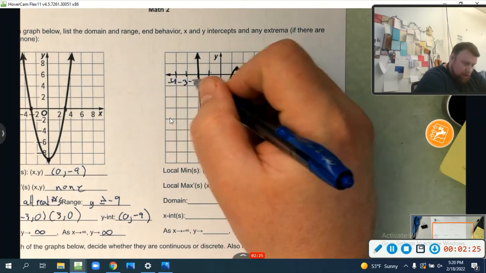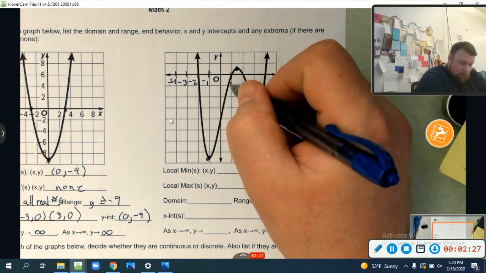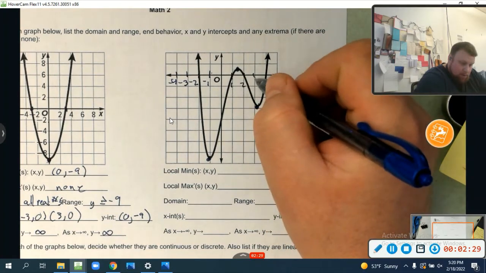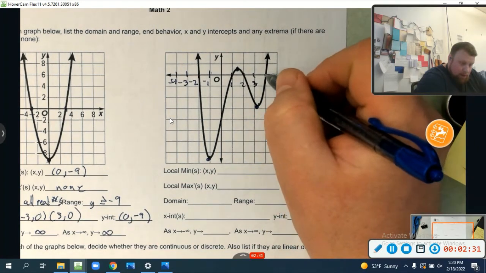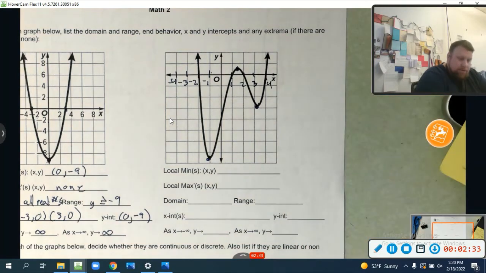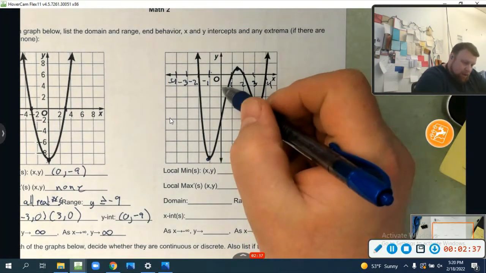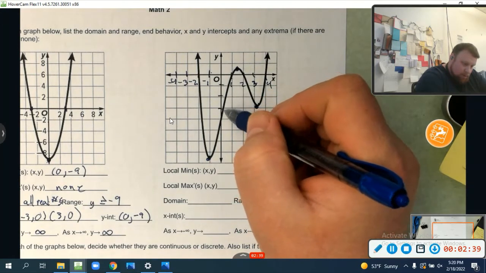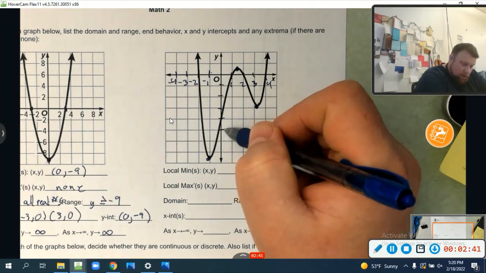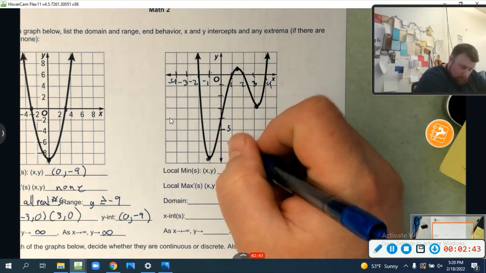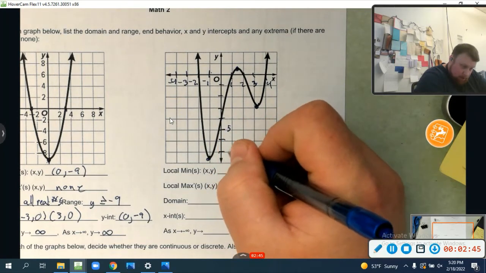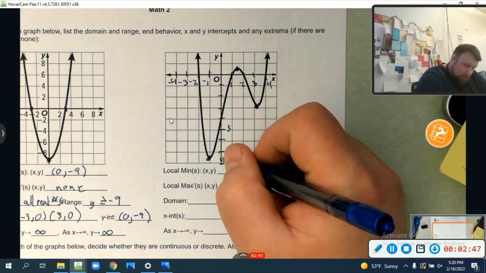Those would be negative, I guess. And then 1, 2, 3, and 4. All right, we're just assuming it's a normal scale. What's the local min going to be at then? Well, if this is 1, 2, 3, 4, 5, 6, 7, 8. That'd be 7.5.